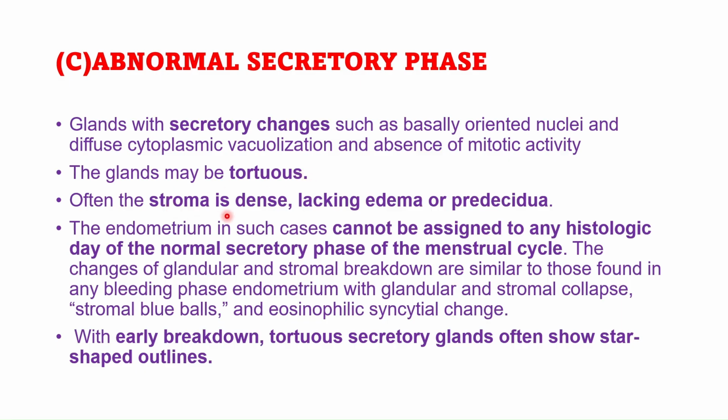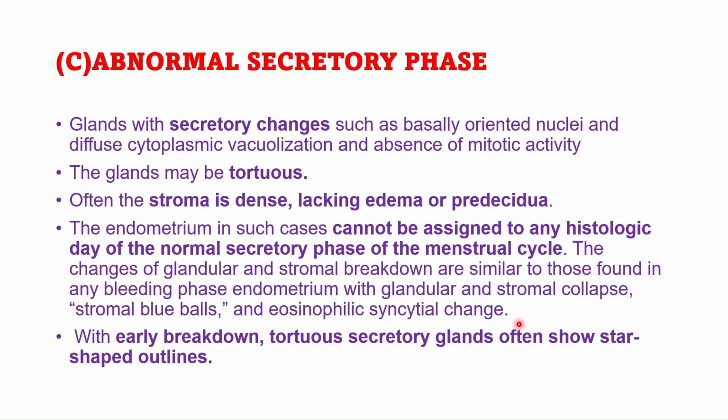Glands are tortuous, but stroma is dense, that means lacking edema or predecidual change. So the endometrium in such cases cannot be assigned to any histologic day of the normal secretory phase of the menstrual cycle. And there is always glandular and stromal collapse, presence of stromal blue balls and eosinophilic syncytial change.